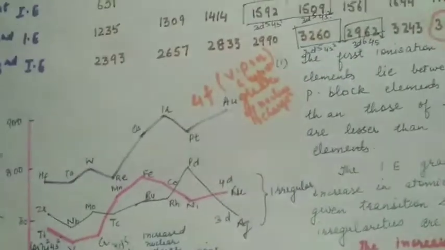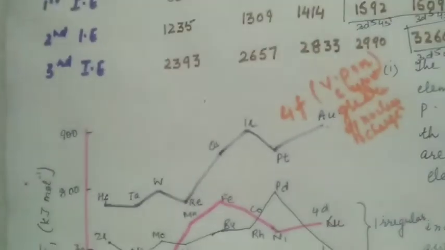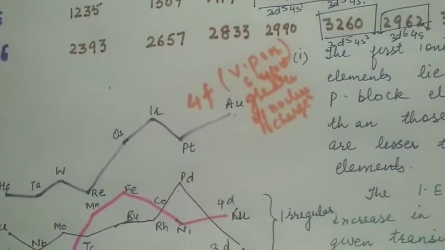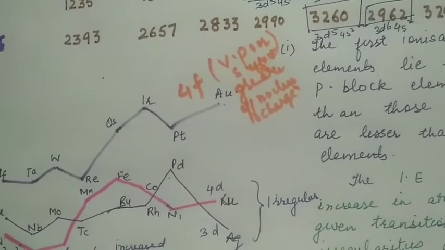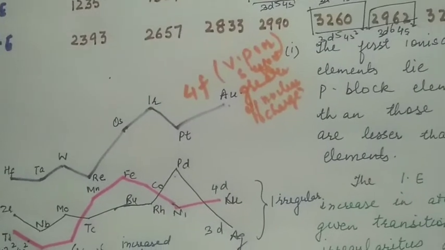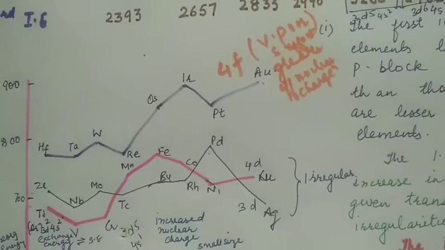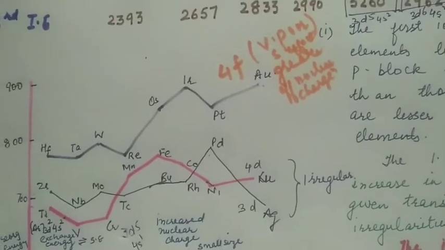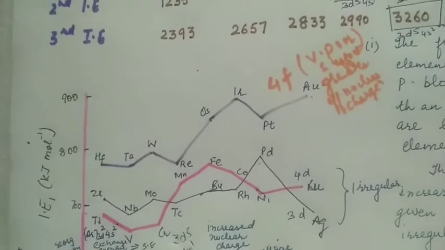Now this is because in the 5d series there are 4f orbitals which are fully filled, which cause very poor shielding effect, and because of that there is a greater effective nuclear charge which holds the outer electron strongly, so the first ionization enthalpy value is high.